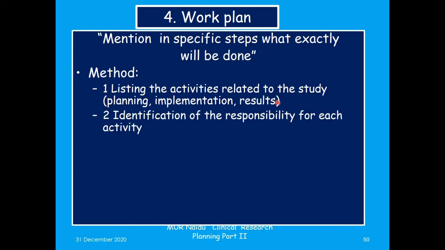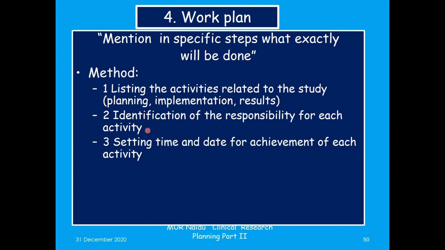Number 2, identification of responsibility of each activity by every team member participating in a clinical research. Setting the time and date for achievement of each activity should also be mentioned. That is what is known as timeline mentioning in a clinical trial.